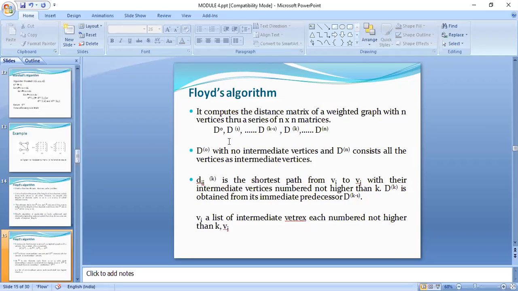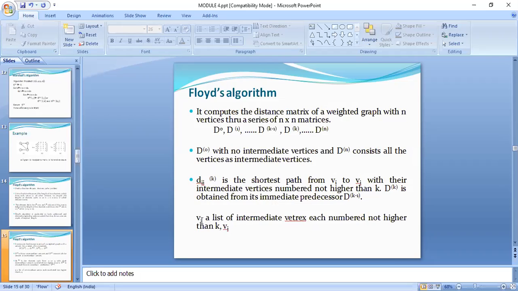D0 will be your initial matrix, which will not consist of any intermediate vertices, whereas Dn is the last stage, where you will be considering all the n vertices as intermediate. Dij of k is the shortest path from Vi to Vj with intermediate vertices not numbered higher than k, and Dk is obtained from its immediate predecessor Dk minus 1.